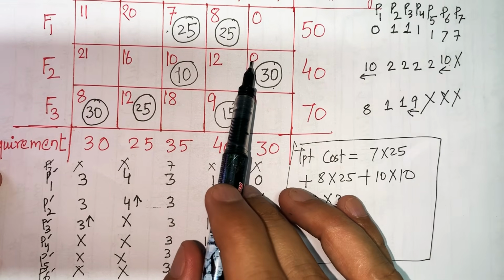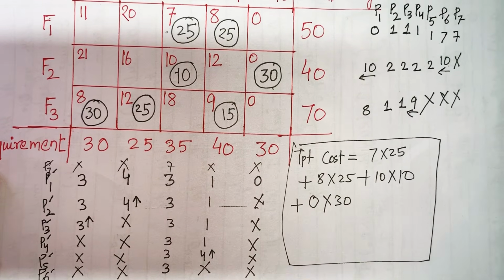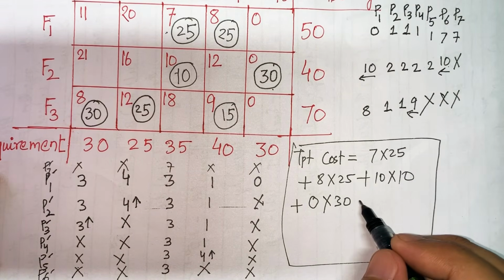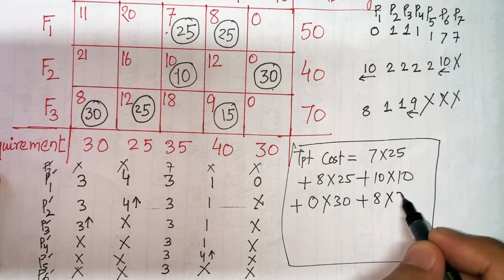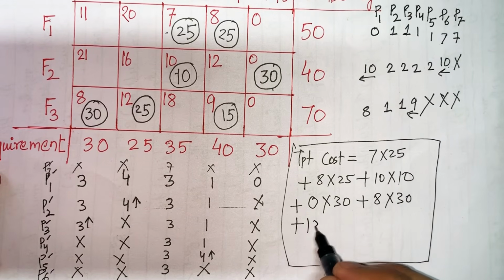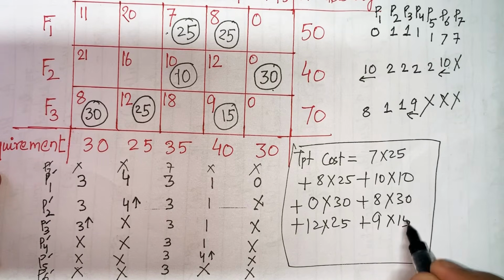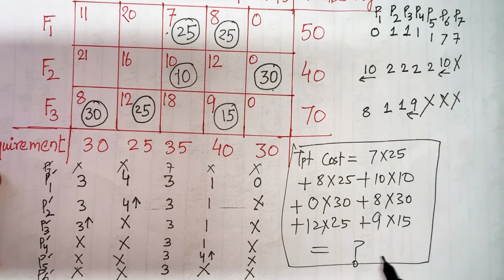So I'm multiplying it with 0 cost here. So it is not going to play any role at all. It will not impact my total transportation cost. Plus 8 times 30 plus 12 times 25 plus 9 times 15. I leave the multiplication on you.